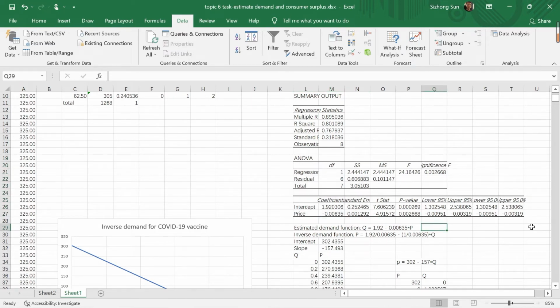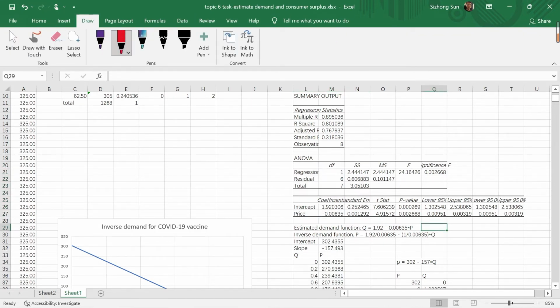So here the demand function I estimate is Q equals 1.92 minus 0.00635 times price. So that's the demand function. Then from the demand function, I want to calculate the inverse demand function. Basically, what I'm doing is moving this term to this side, this term to this side.